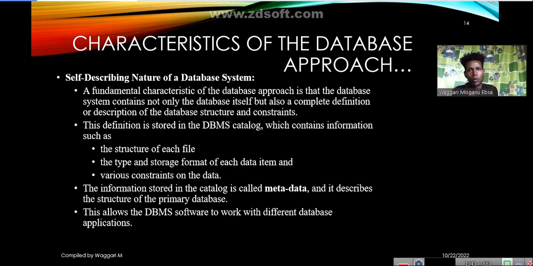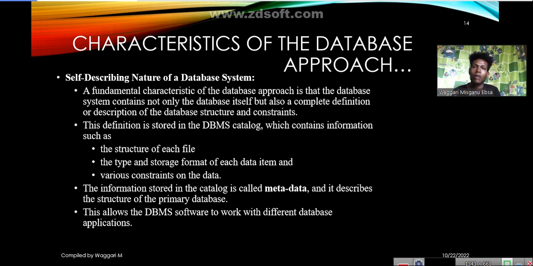This self-describing definition is stored in the DBMS catalog, which contains information such as the structure of each file, what the structure of the file looks like, the type and the storage format of each data item, and the various constraints on the data. The information stored in the catalog is called metadata.